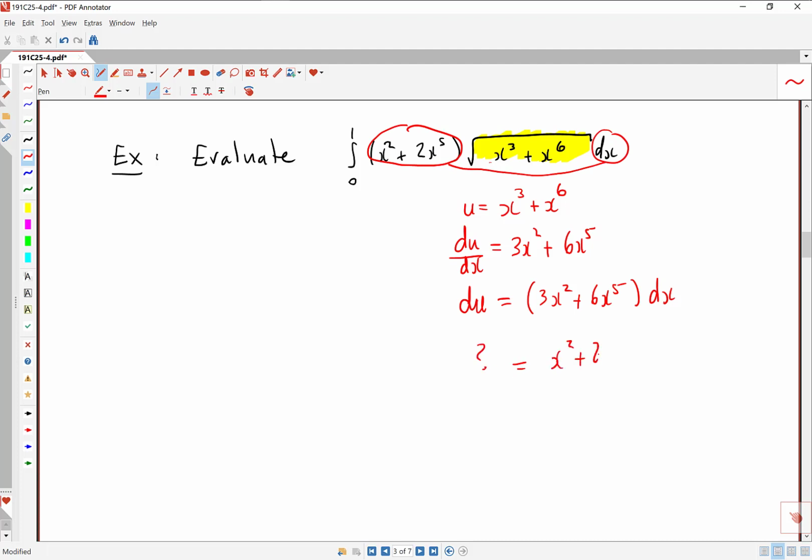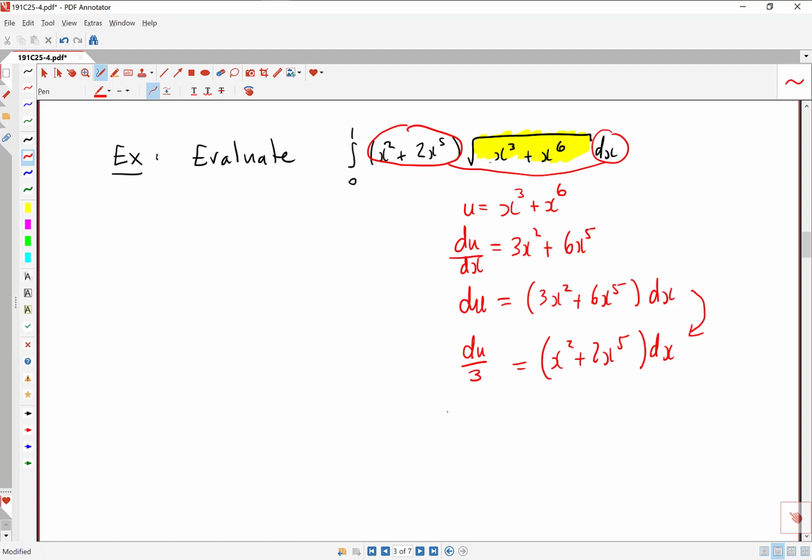The answer is almost always some multiple of du. So we just have to figure out what we have to multiply by, or on the right side, what we have to multiply or divide by to turn the second last line into the last line. Well, if we divide by 3, that would work. So this will be du over 3.